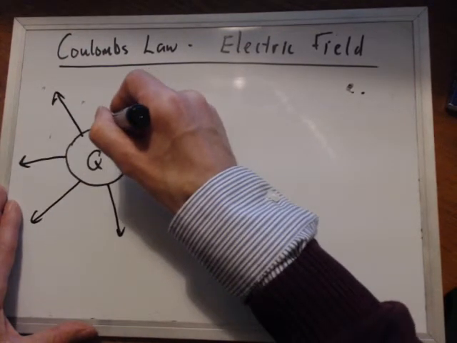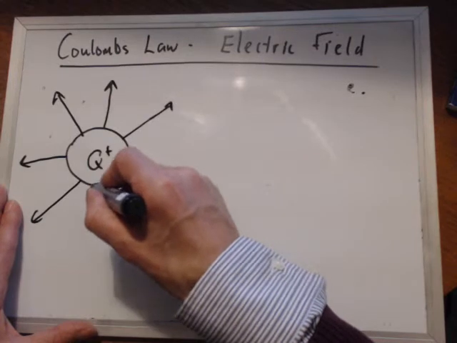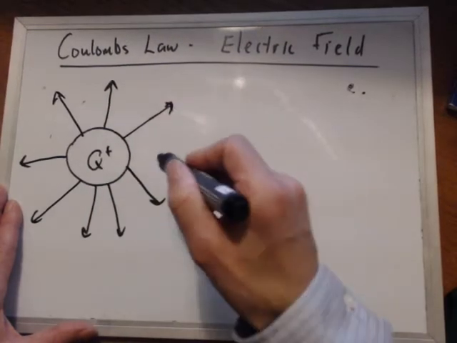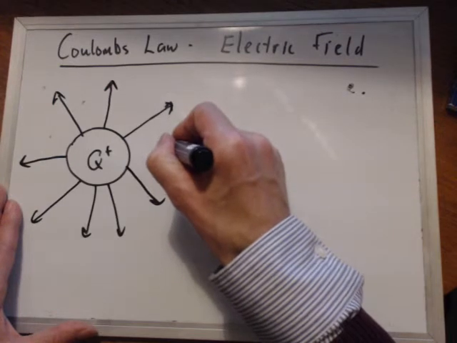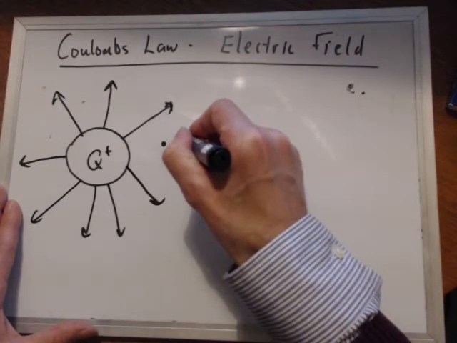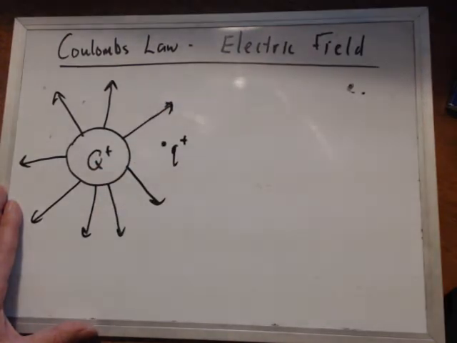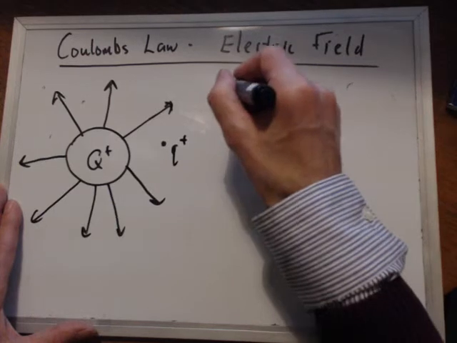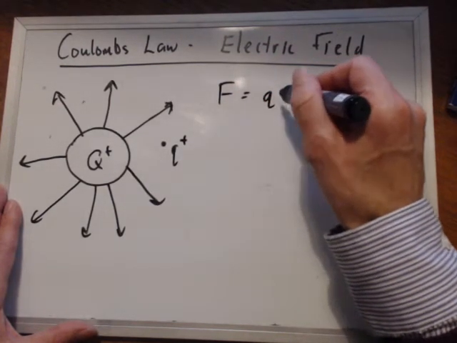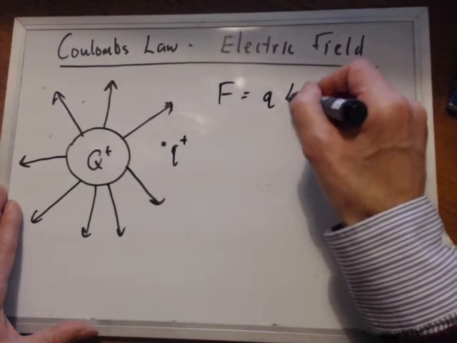Although within the sphere there's no charge at all, you would get this, and that would be acting on a positive charge in the area around it, and then again that would feel a force equal to Q times the electric field strength.